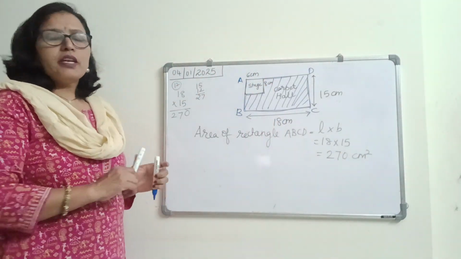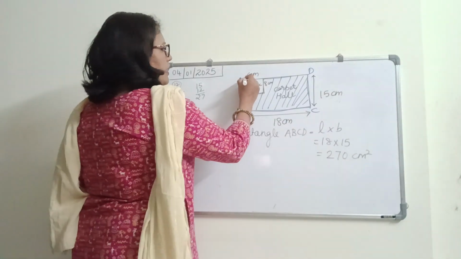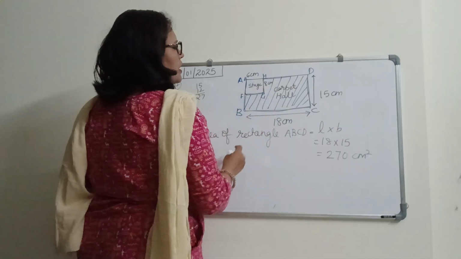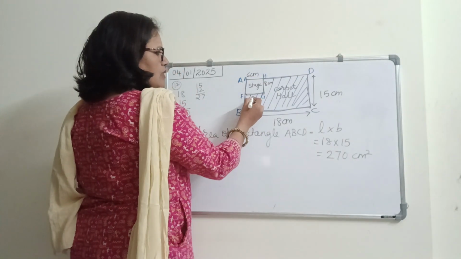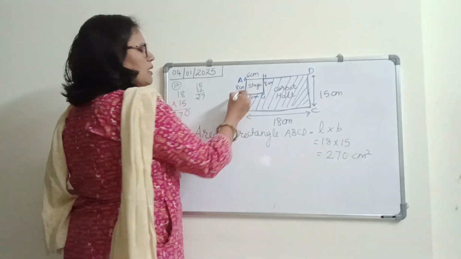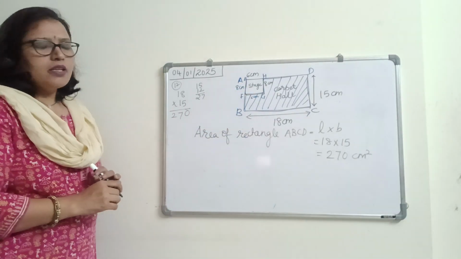Now we have to find the area of E, F, G and H. Because this side is given, this is also 6 centimeter. If this side is given, this is also 8 centimeter, because opposite sides are equal in the rectangle.